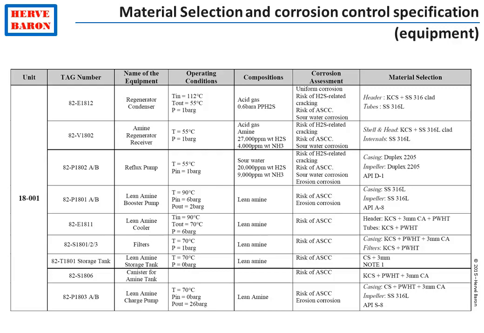This is done by making reference to categories of materials which are defined in the rotating equipment code, in the API, for example, in the API 610 for centrifugal pumps. For example, here, this pump is specified as having internal materials of construction corresponding to category D1, this one A8, and so on.